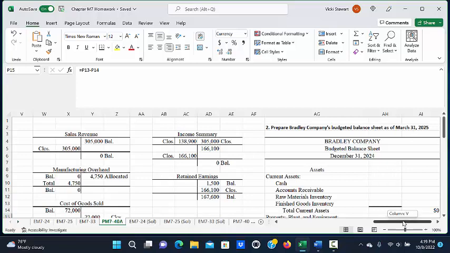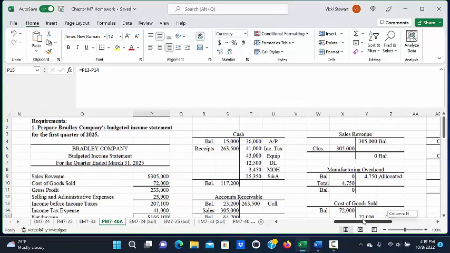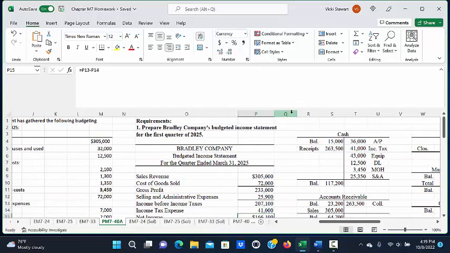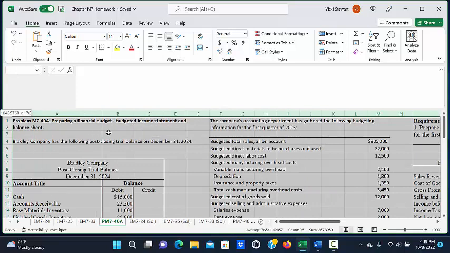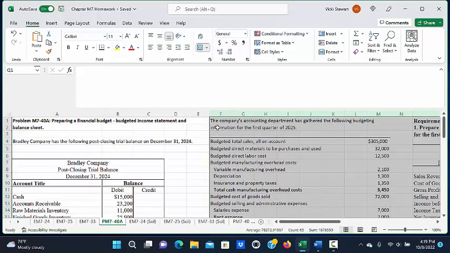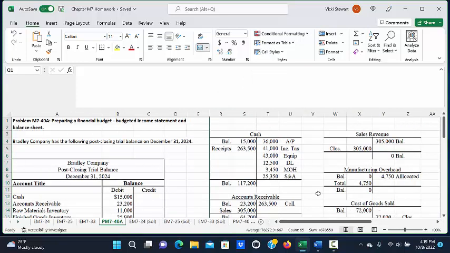31st, 2025. So to do that part of the problem, I took first the information that was provided in the post-closing trial balance, and I set up T accounts with those beginning balances.